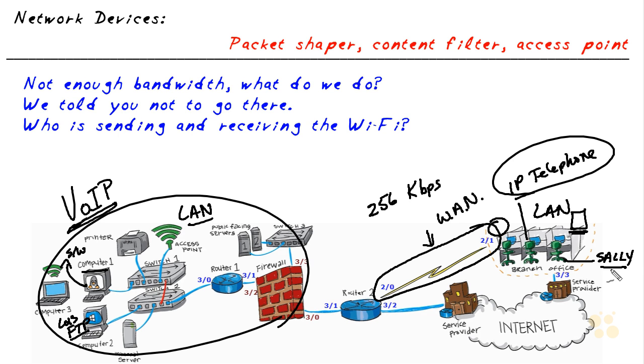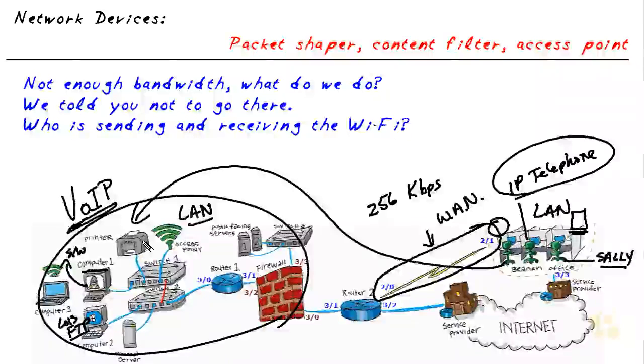And we have another user here in the branch office, let's say it's Sally, who wants to send a print job over to the network printer at the corporate offices. So we have a telephone call, we have a file transfer, we have a print job, and unfortunately, if this link is 256 kilobits per second, it may or may not be able to handle all of that traffic at once. So how do we deal with that?